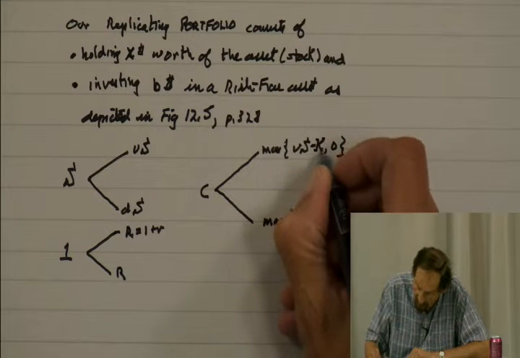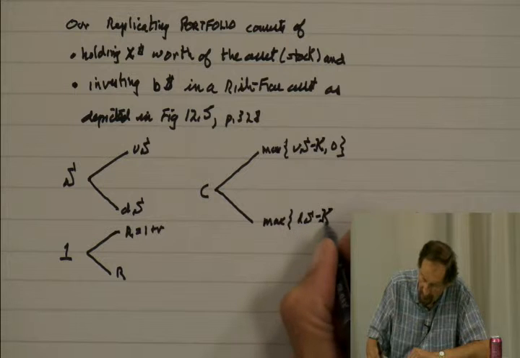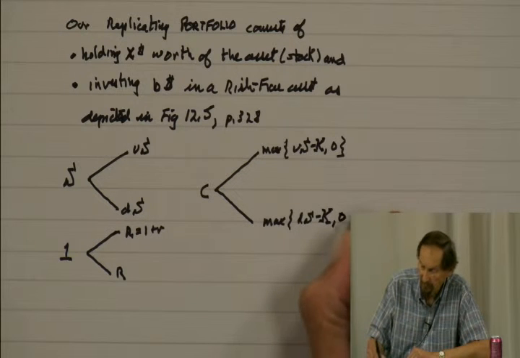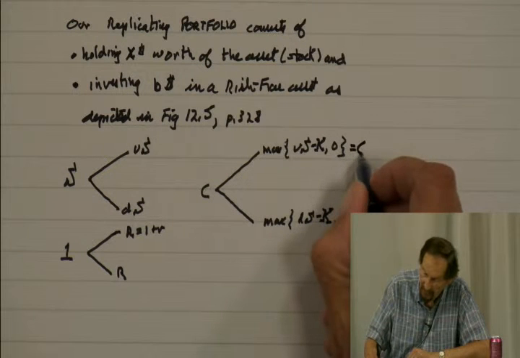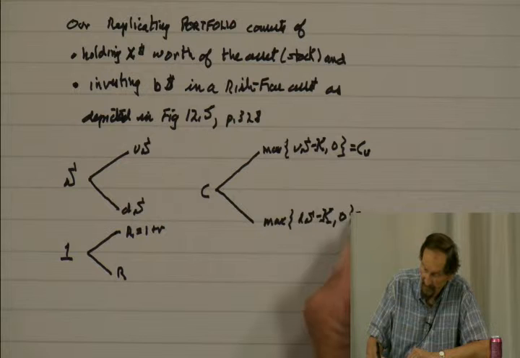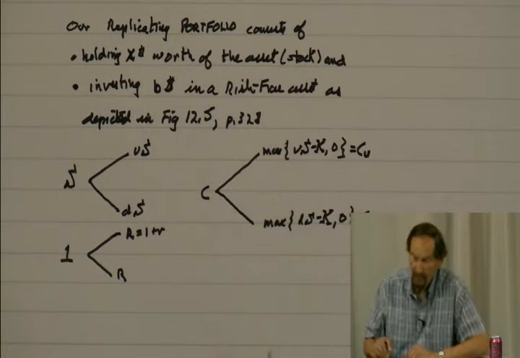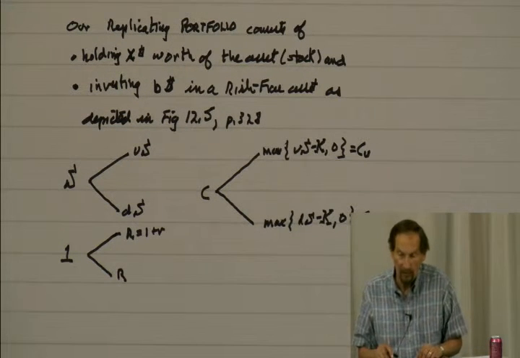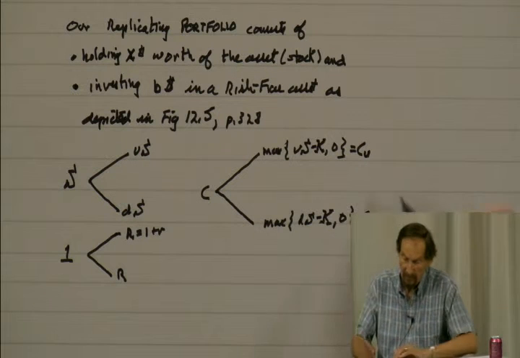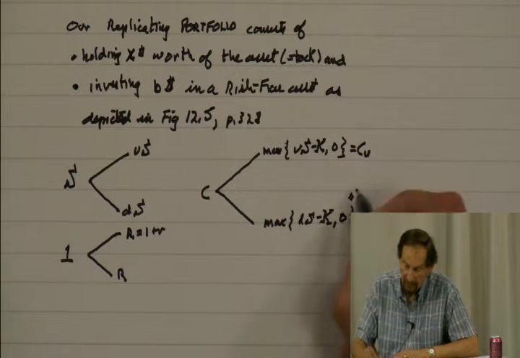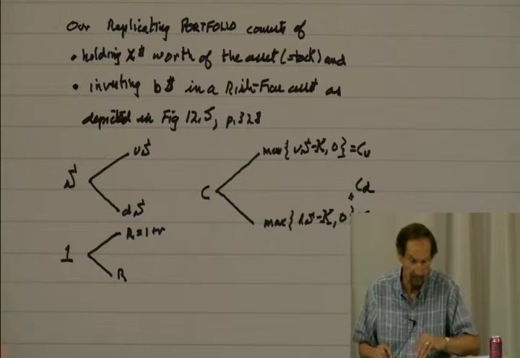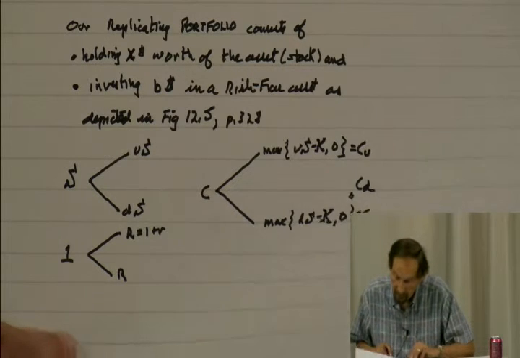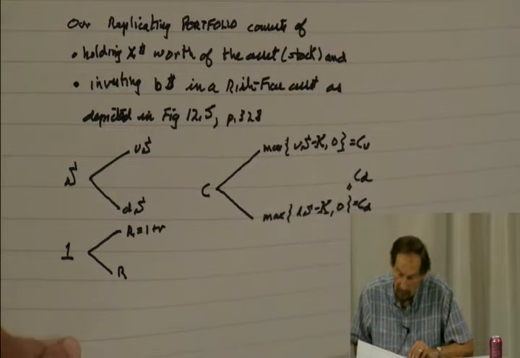K is our strike price, of course. And this is CU, and this is CD. Okay, so that's the call option if it goes up, and the call option if it goes down. Let's put this here so we don't miss it. Now, we're almost ready to give the pricing formula.